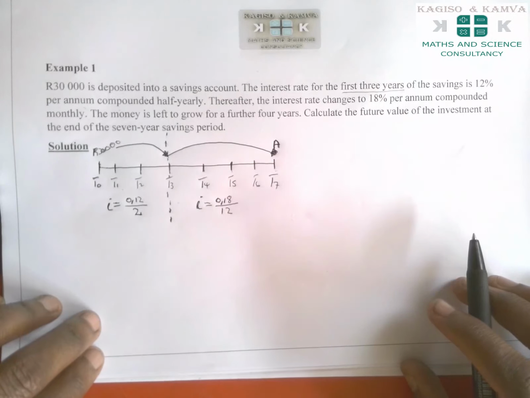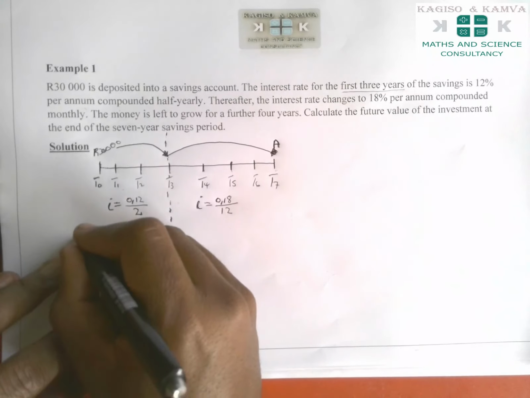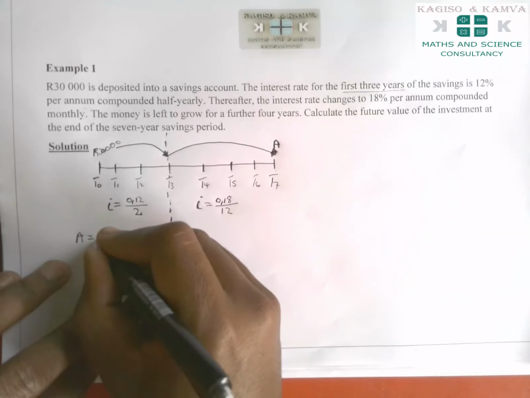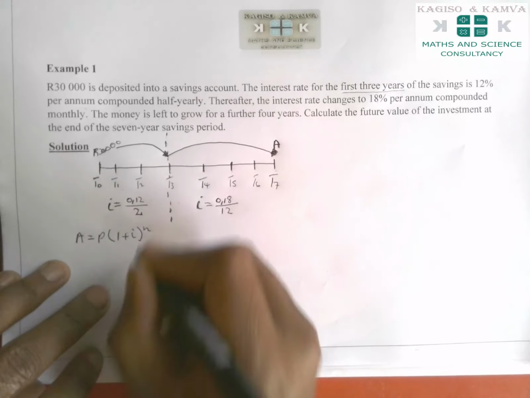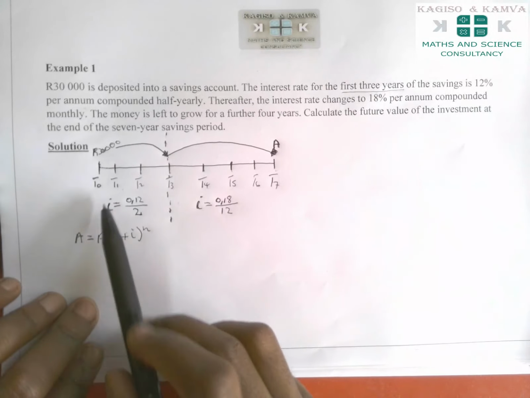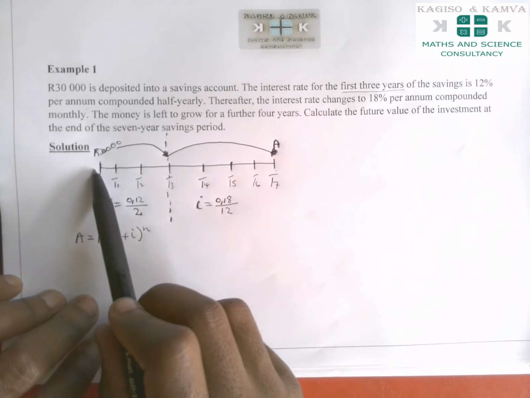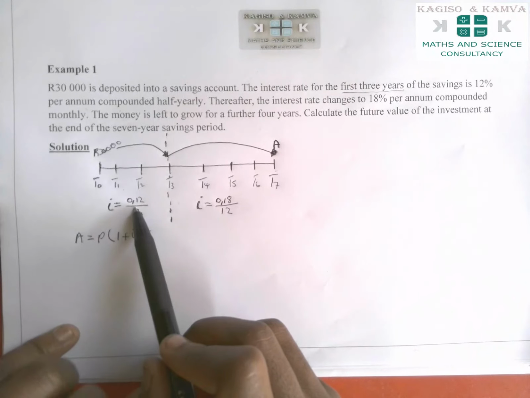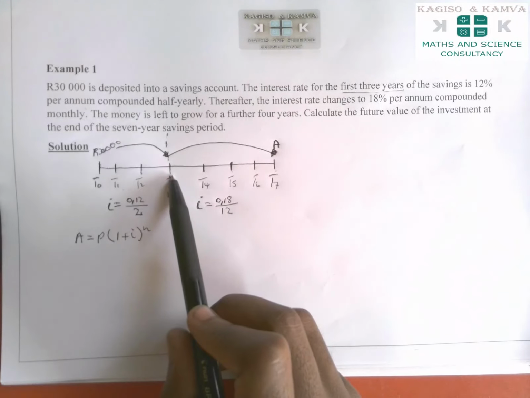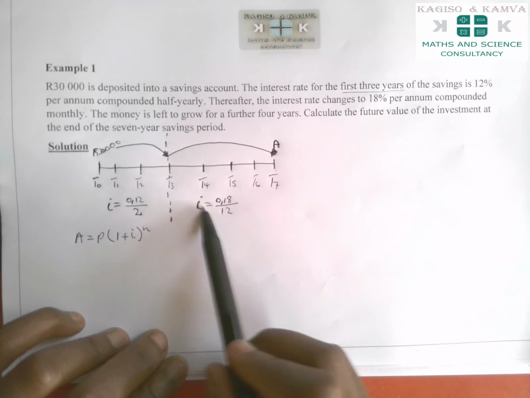Using the formula for compound interest. We know that A is equal to P into (1 plus i) to the power n. In this case we are going to have two situations. This money grew to the third year with this interest, and then it accumulated further interest using this interest rate.